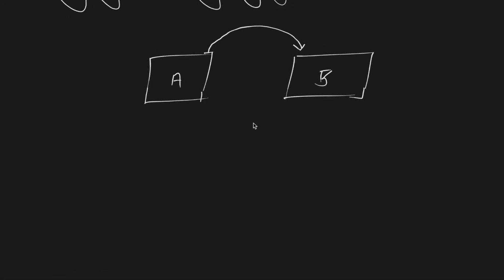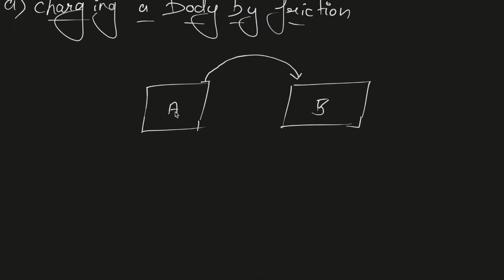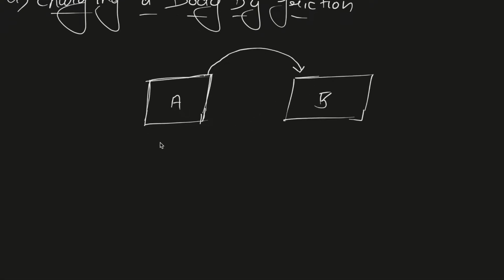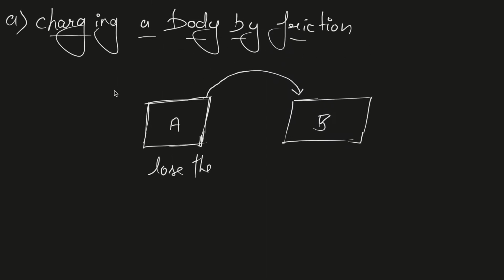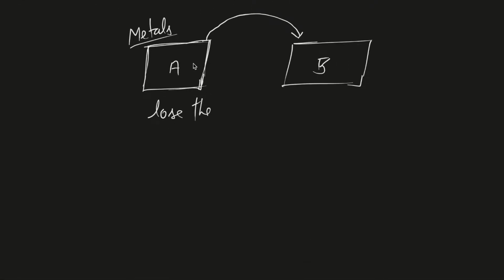There are some conditions: they must have some tendency. Suppose A has the tendency to lose electrons. Let's suppose metals have the tendency to lose electrons, basically acquiring positive charge.